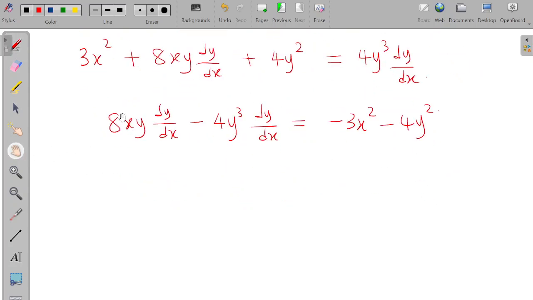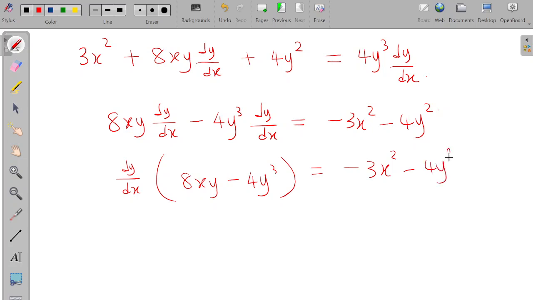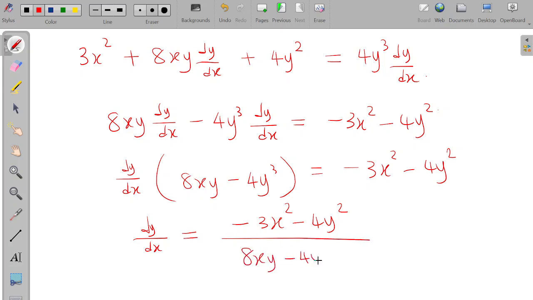We factorize dy over dx to give us 8xy minus 4y cubed. Now dy over dx is negative 3x squared minus 4y squared, all over 8xy minus 4y cubed. That is the answer.